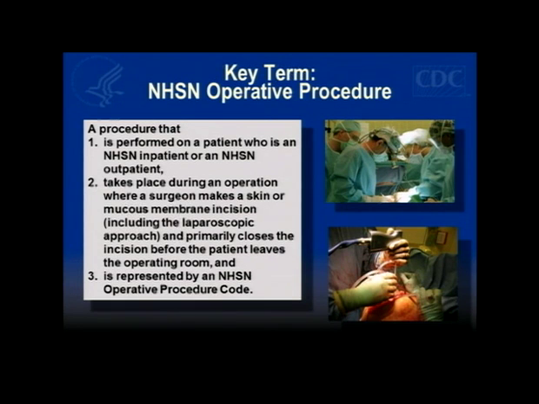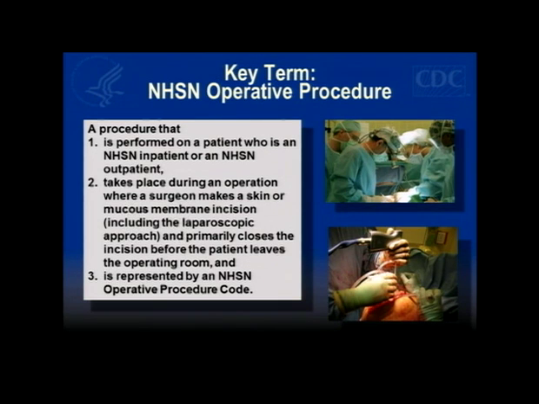So one of the key terms that is critical that you understand is what is an NHSN operative procedure. This is not changing in 2013, so that's the good news. But just to remind you, an NHSN operative procedure is a procedure that is performed on a patient who is an NHSN inpatient or outpatient, which I'll define next.